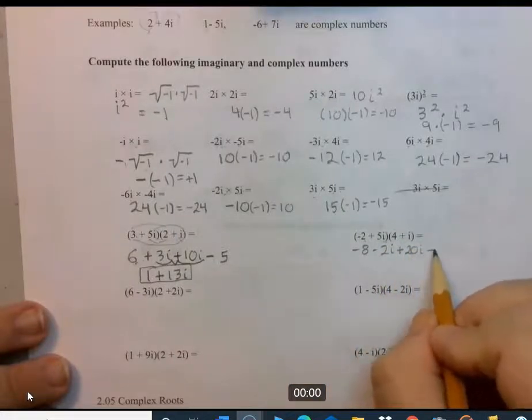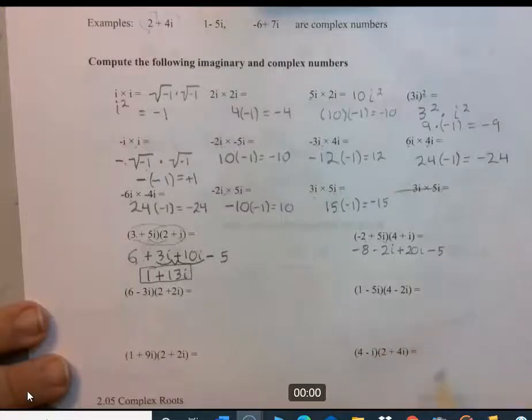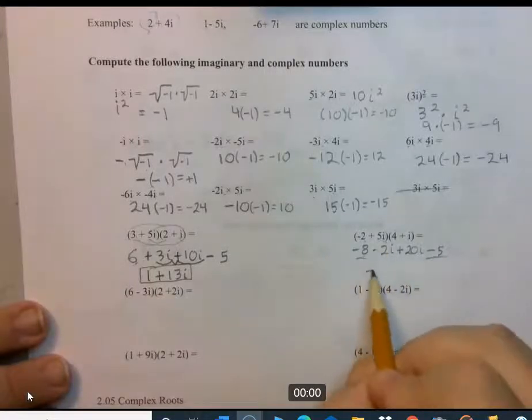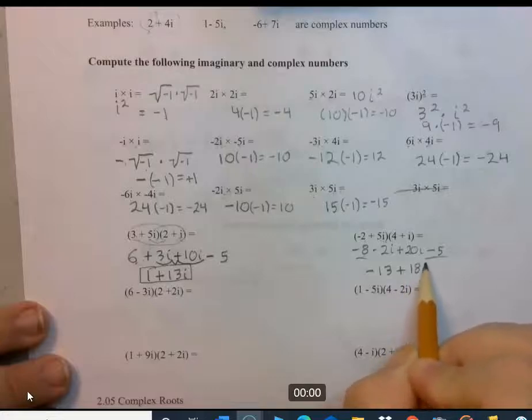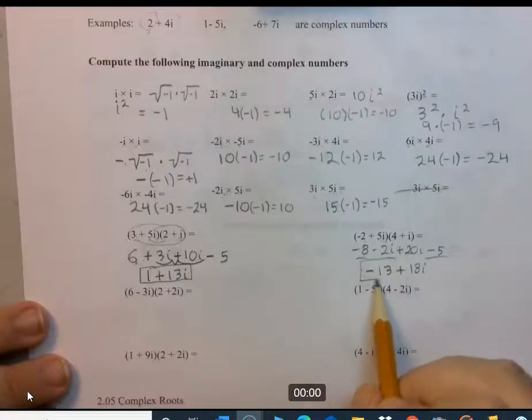So that's going to give you negative 5. Negative 8 plus negative 5 is negative 13. And negative 2i plus 20i is going to give you positive 18i. And there's the answer to that.